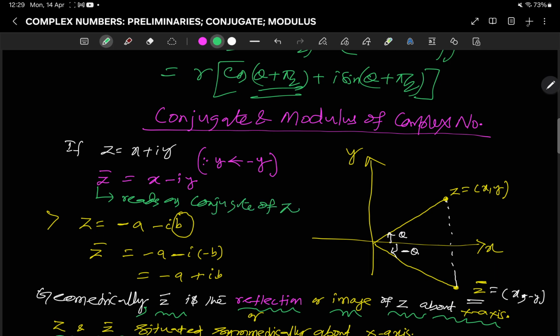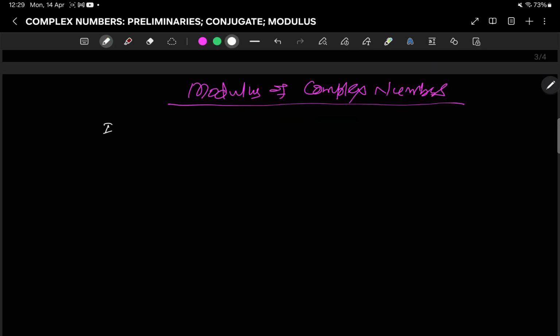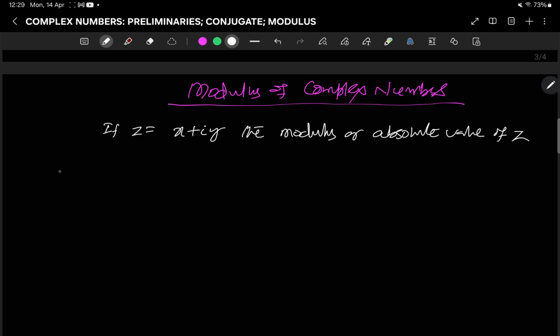or z bar, okay? Now coming to the modulus. Now if z is equal to x plus iy, the modulus or absolute value of z is given by modulus of z is the positive square root of x square plus y square.